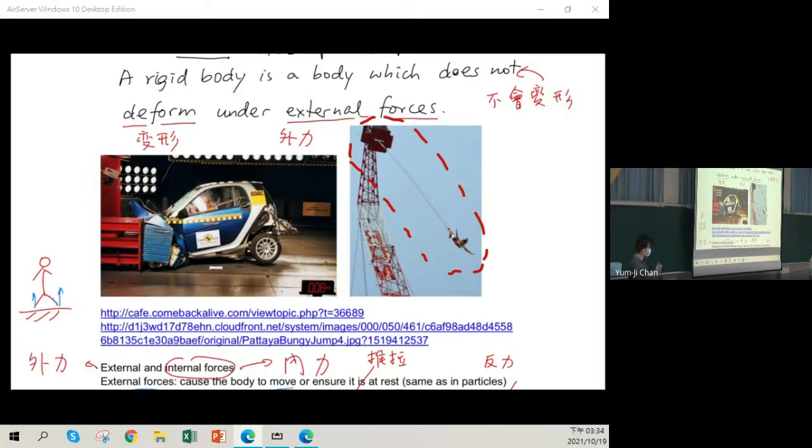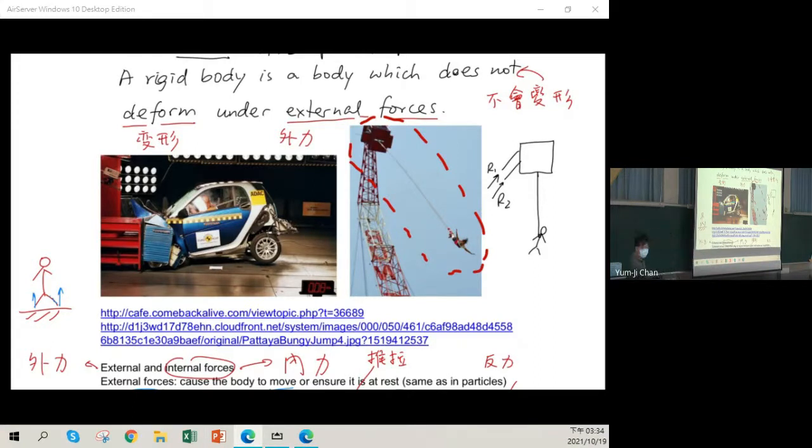We call this a rigid body, and we draw a free body diagram on this tower, and then we have R1 and R2, and we have the body, and the person is here, right? Not at the neck, sorry.